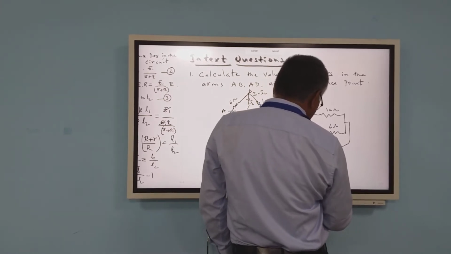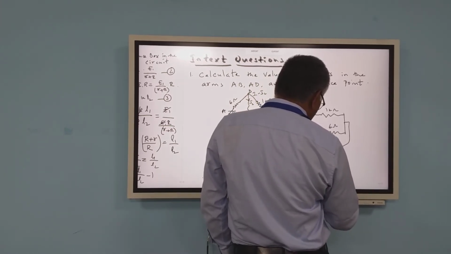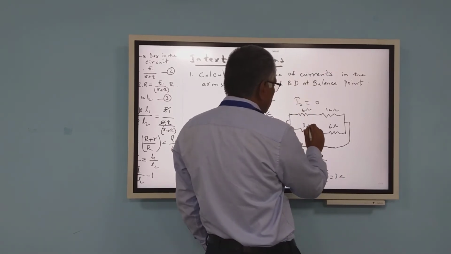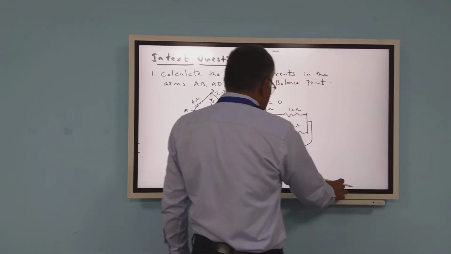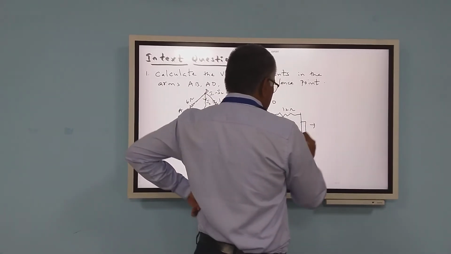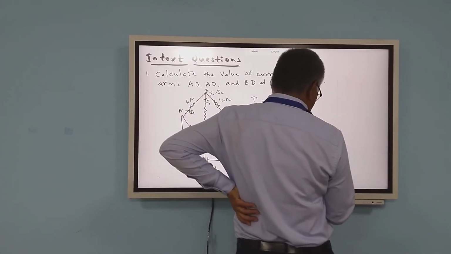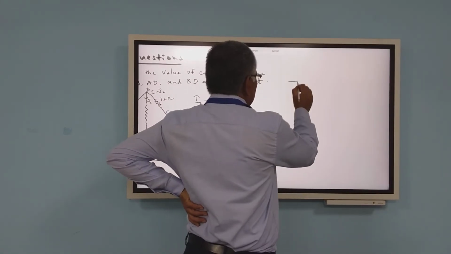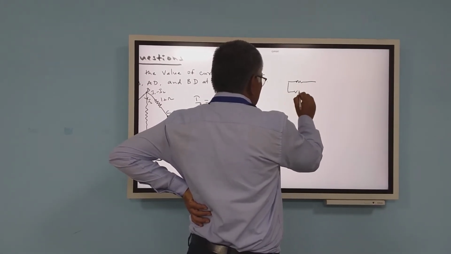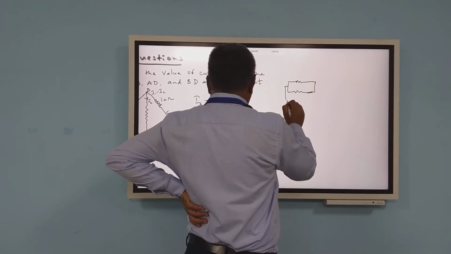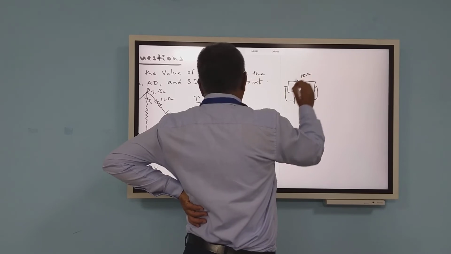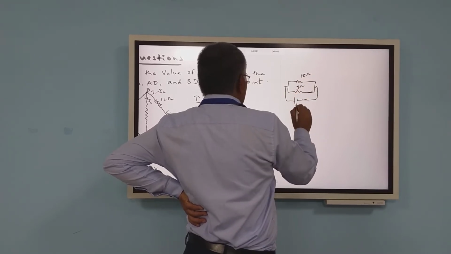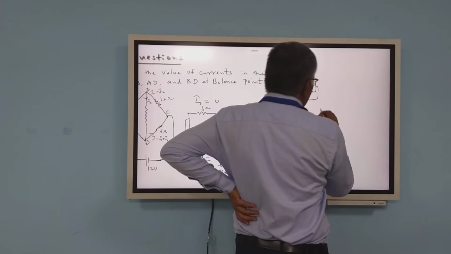X by 2, X is equal to... series parallel. The resultant is I naught. That equation will be... parallel.